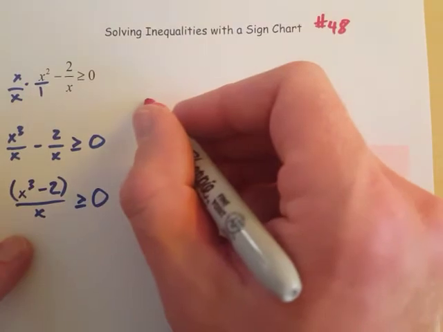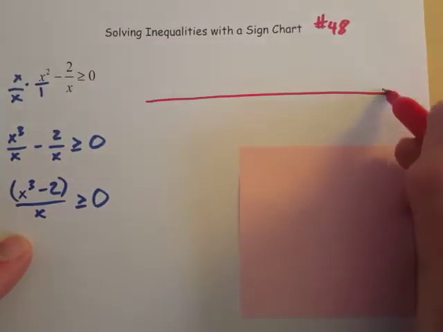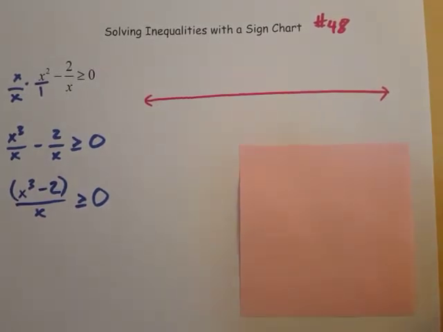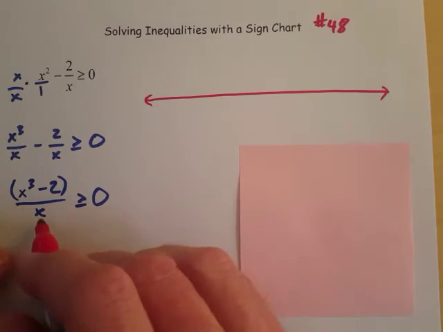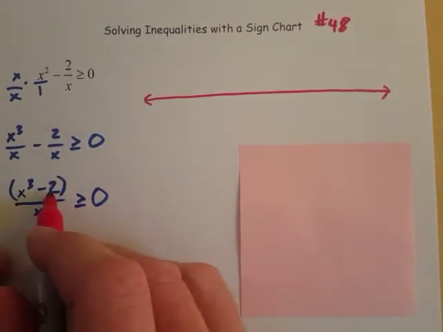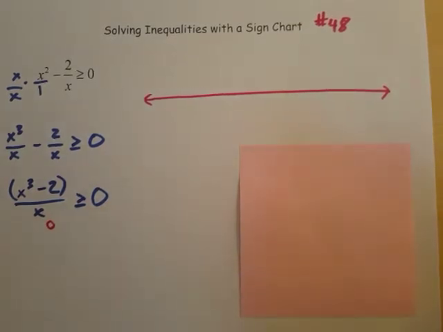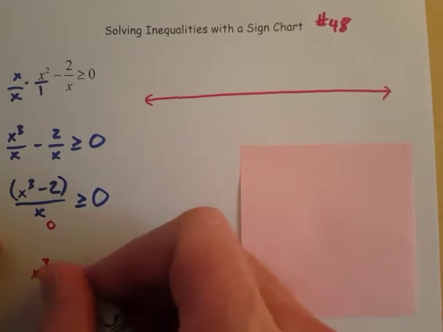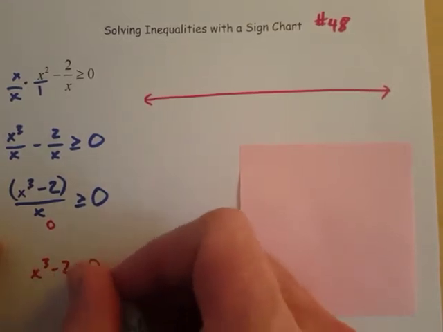We write our number line. And we've got to find either zeros or undefined values. This one's a little tricky as far as the zeros go. But this one here, that one's going to be just 0. But then this x cubed minus 2, how does that equal 0? The nice thing is we can do a little mini equation. x cubed minus 2, I want to find out where that's equal to 0.